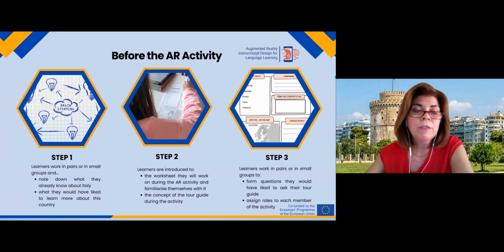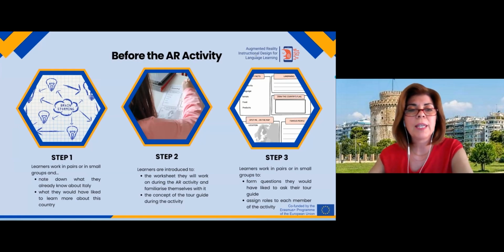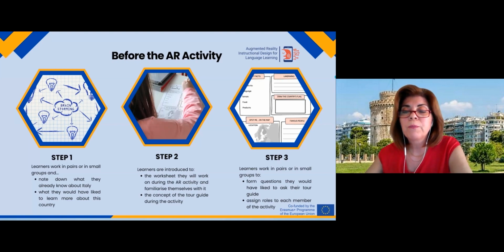The first was before the activity, where learners worked in pairs or in small groups, and that was the brainstorming phase. They had to write down what they already knew about Italy and what they would like to learn more about this new country. Then they were introduced to a worksheet to keep notes on, and to the concept of the tour guide and the fact that they could have a conversation with it.